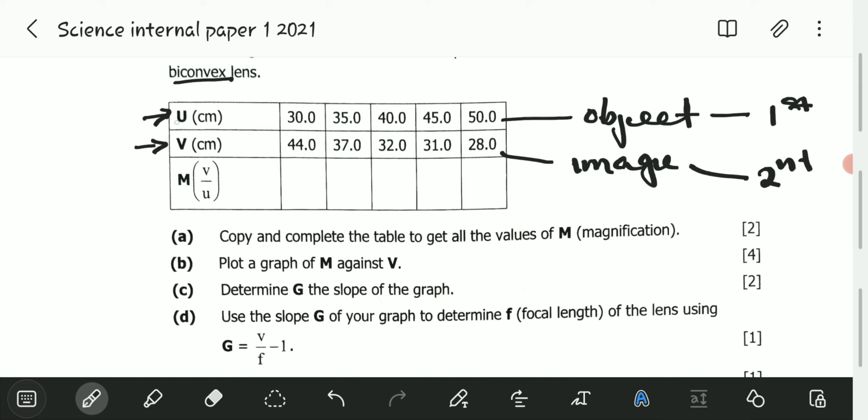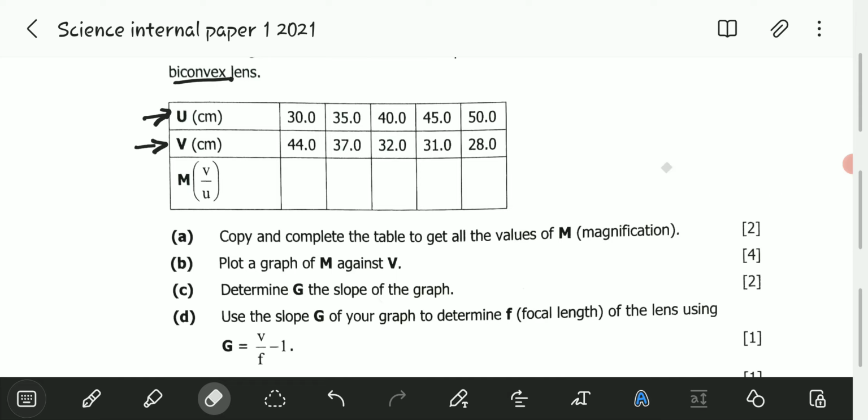If we follow the position of these letters in the alphabet, U comes before V. The last few letters of the alphabet are R, S, T, U, V, W, X, Y, and Z. So you see U comes first, then followed by V. You need an object to produce an image. All right, so let's proceed.